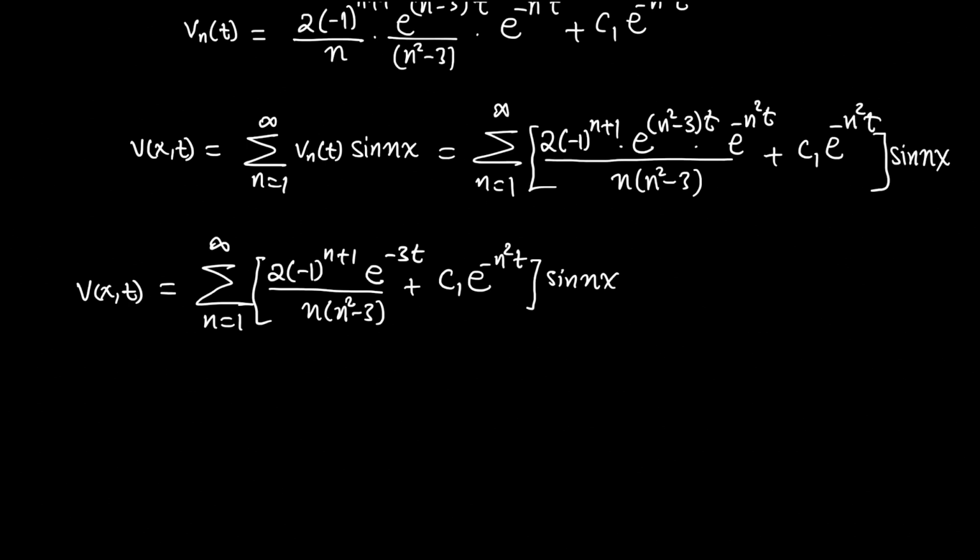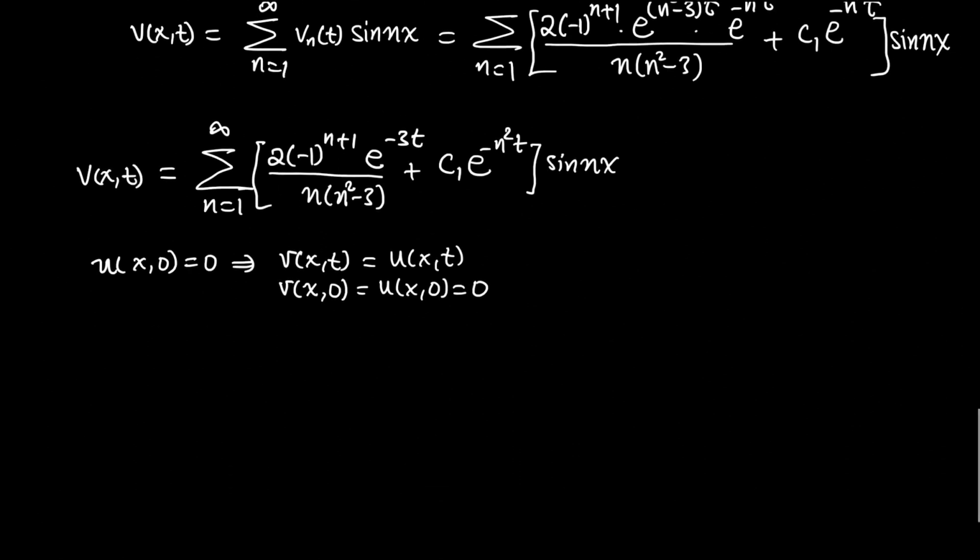Okay, now we have to find c1. I'm going to use the initial condition. u(x,0) is just 0. As we remember, v(x,t) was equal to u(x,t). So v(x,0) is going to be just u(x,0), which is equal to 0.